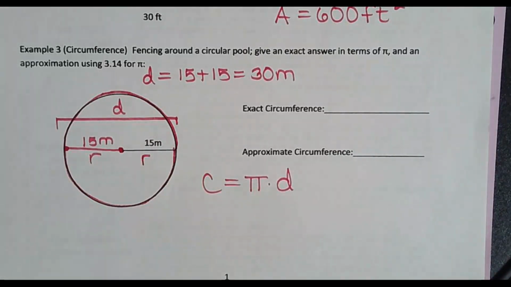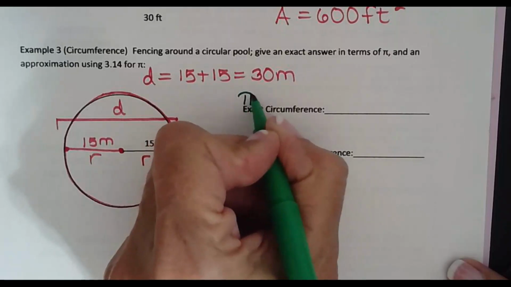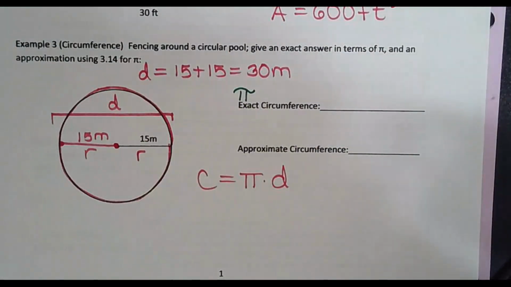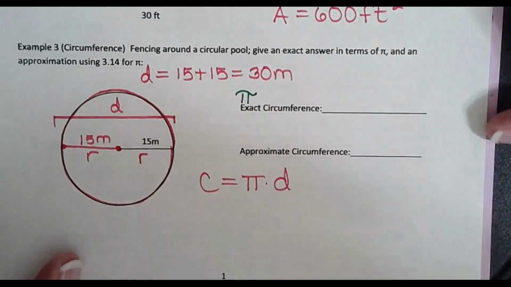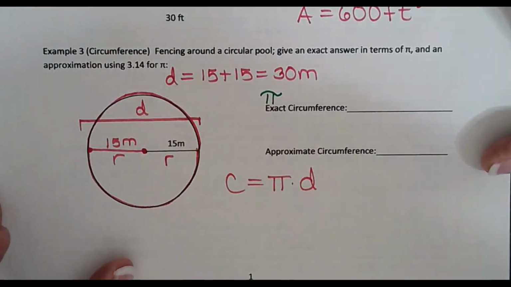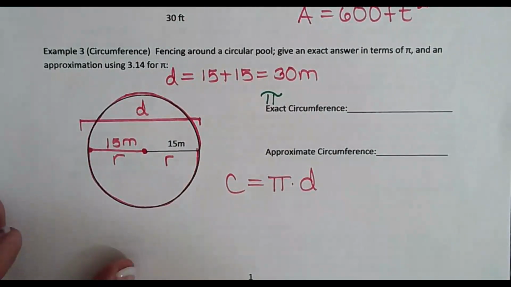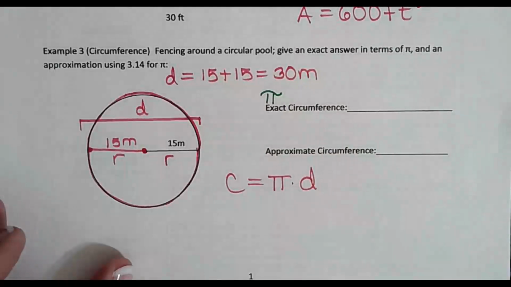Okay, the next important thing we need to talk about for this one is what's the difference between exact and approximate. Exact means your answer will have pi in it. Because the minute you put pi in your calculator or you write 3.14, you've just approximated it. How do I know that? Pi goes on forever. You could never write what pi is equal to here because it goes on and on and on and on.